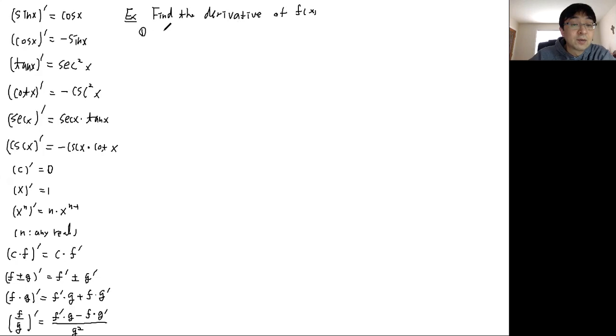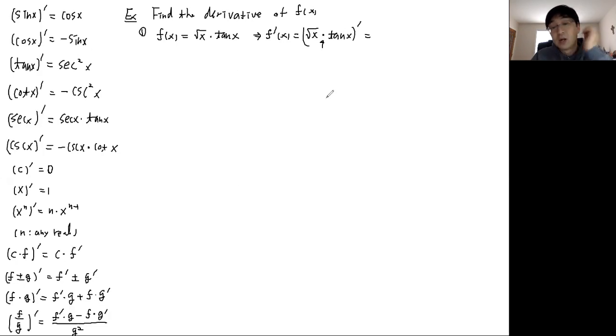The first example: f of x equals the square root of x times tangent of x. You can calculate f prime. What is f prime of x? F prime of x equals the derivative of the square root of x times tangent of x. This is a product of two functions, so you have to use the product rule.